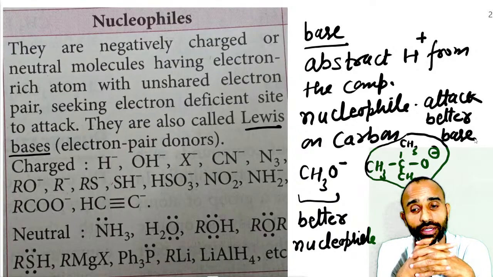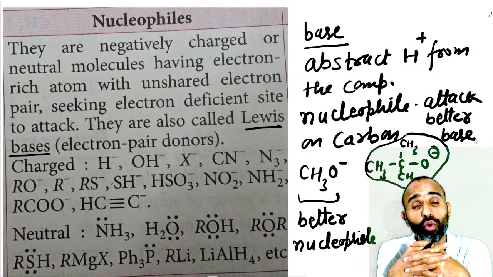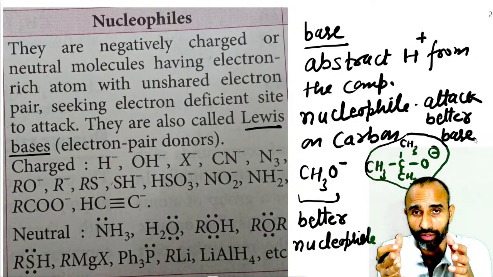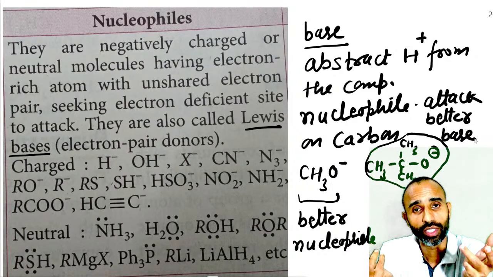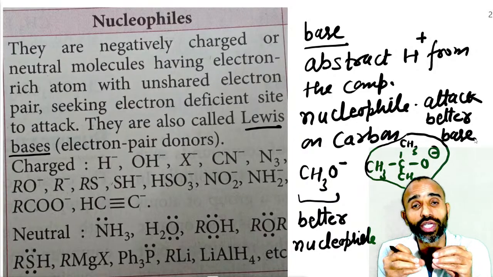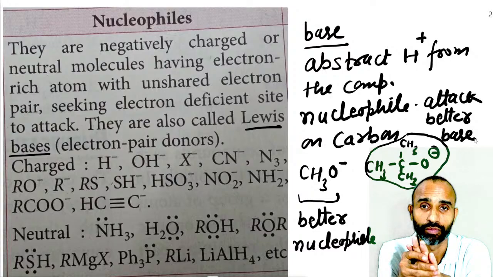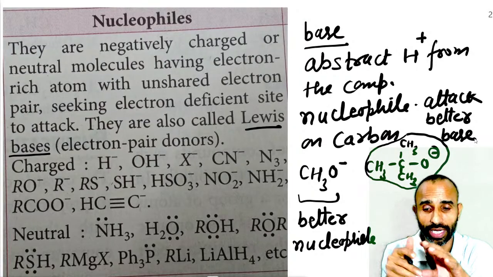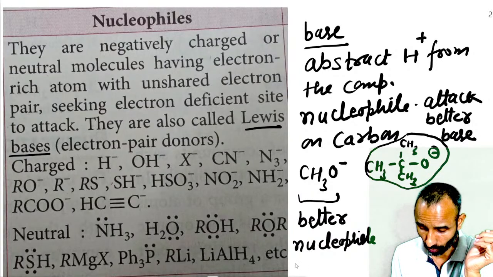Got it? Understood. So if an ion or a neutral molecule is a better nucleophile, that undergoes substitution reactions. Nucleophilic substitution reactions, SN reactions.